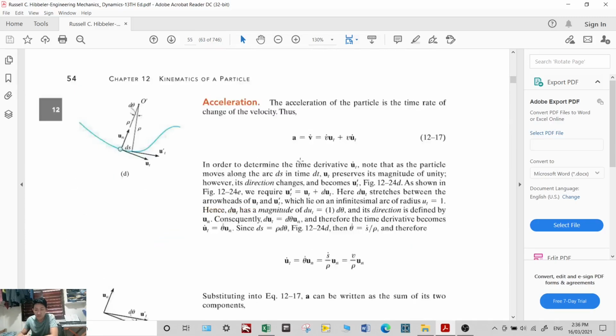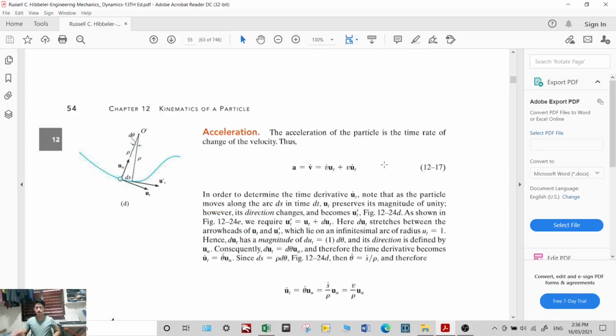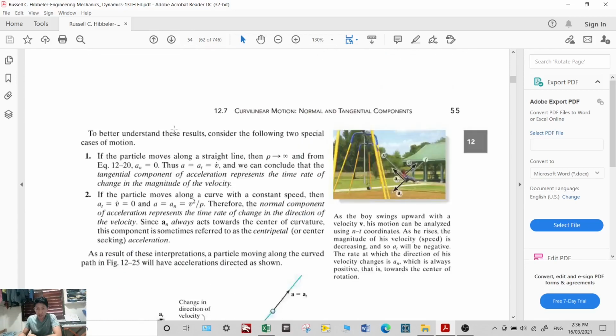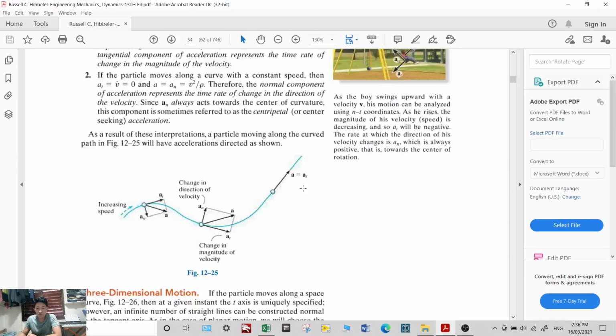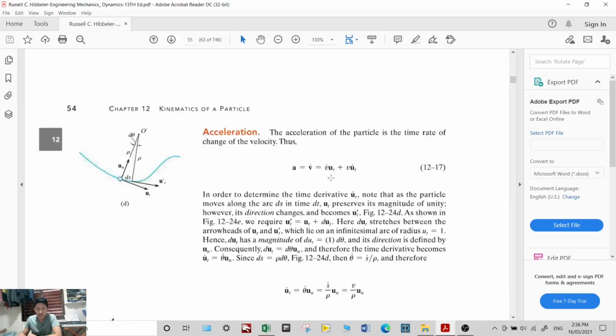Let's proceed with the acceleration. The acceleration of the particle is obtained by differentiating the velocity with respect to time, and you will get something like this. You need to apply the product rule: v dot u sub t plus v u sub t dot.